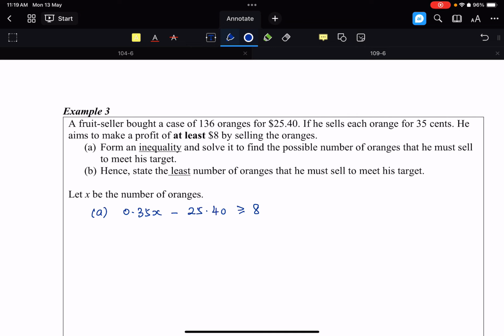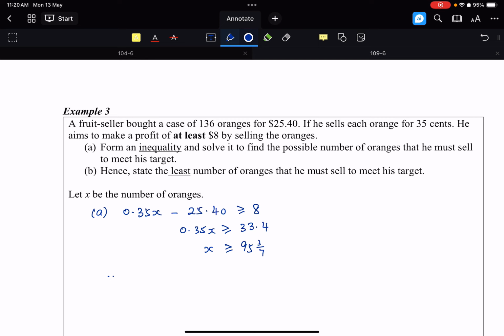So from here, we work this one out. We can actually find the range of values for x. Okay, so we have 0.35x is greater than or equal to 33.4. That means x is greater than or equal to 95.37. Now x is the number of oranges. It should be a whole number. So the next integer after this is actually 96, right?